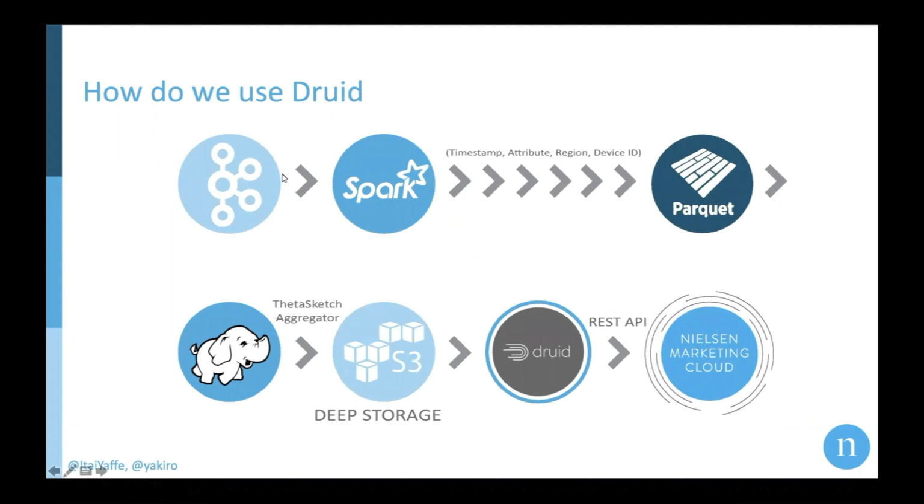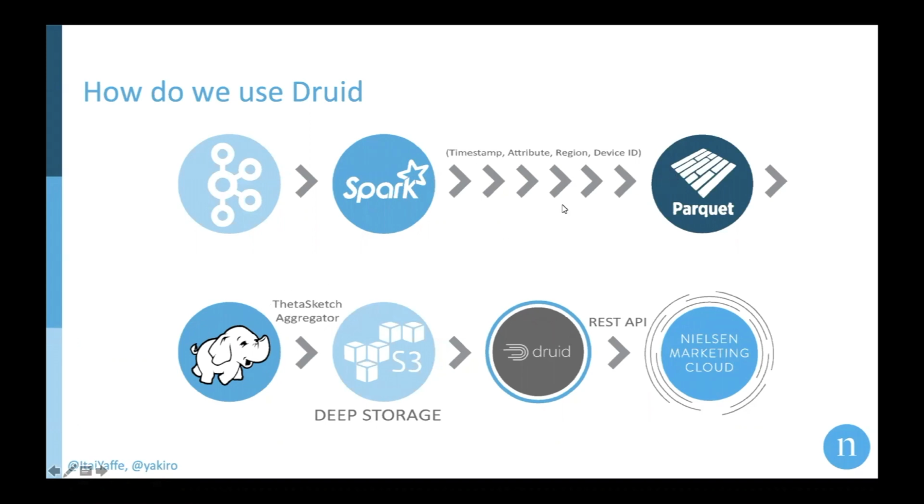So if we look at how our data flows in production into Druid, as Yakir mentioned, we have a large Kafka cluster that holds the raw data. From there, we have Spark applications that read the data and produce Parquet files on S3 with those tuples: a timestamp, an attribute, a region, which in our example is the country, and the device ID.